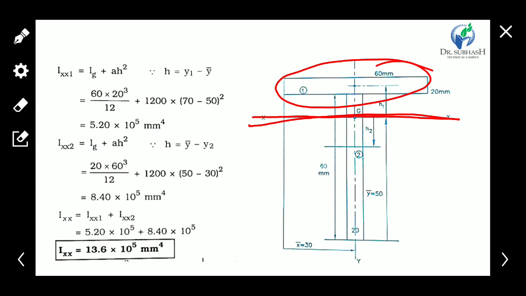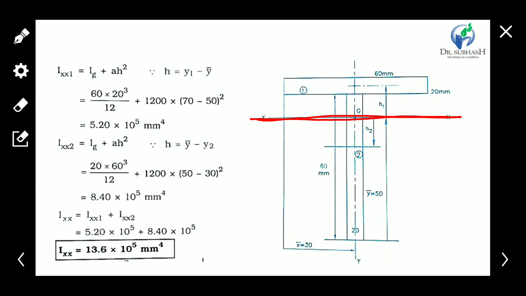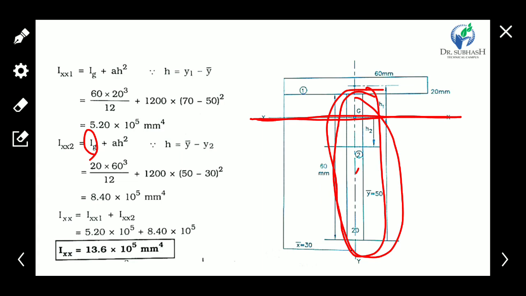Now for the second element we have to find the moment of inertia about this axis. So first of all, Ig is found for this element. The Ig equation is the moment of inertia about the center of gravity of the given rectangle. What is the equation for the moment of inertia about the CG of a rectangle?